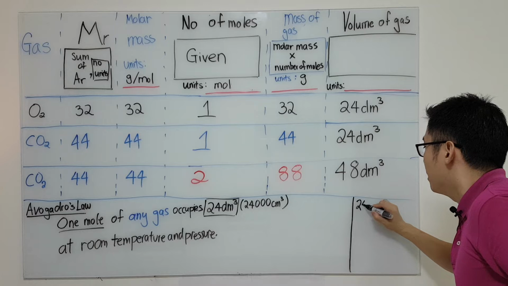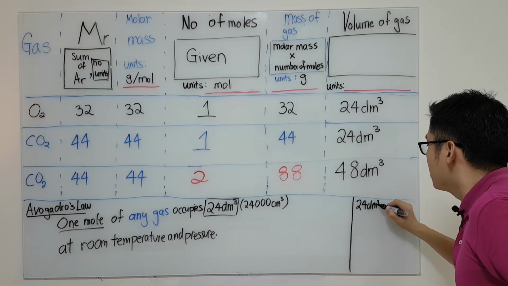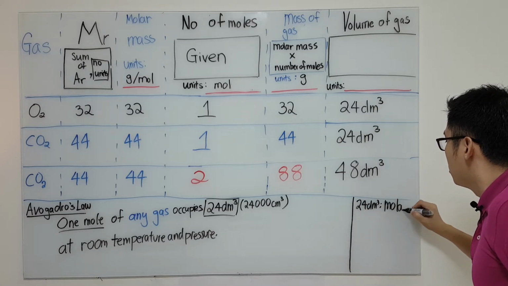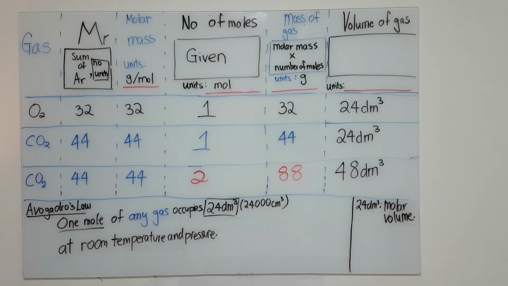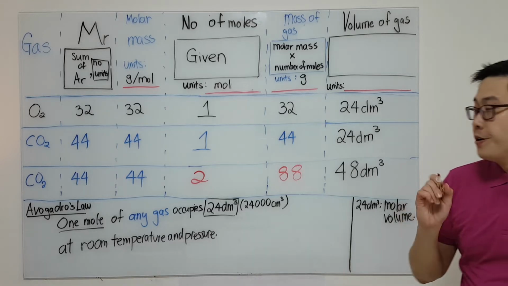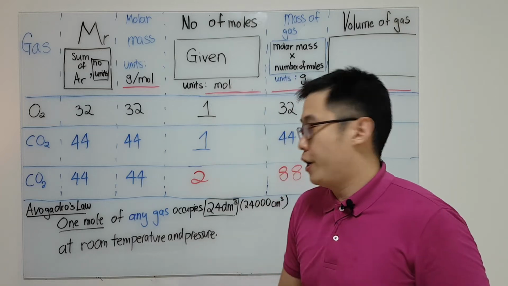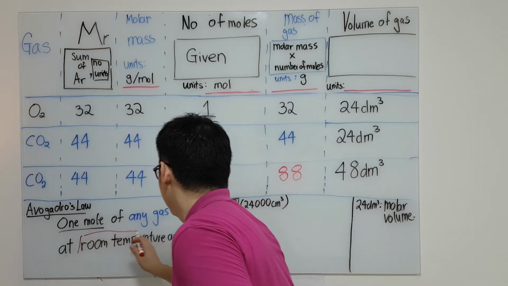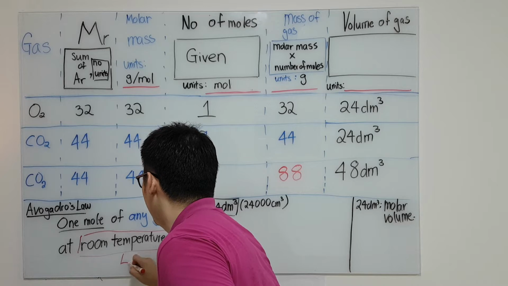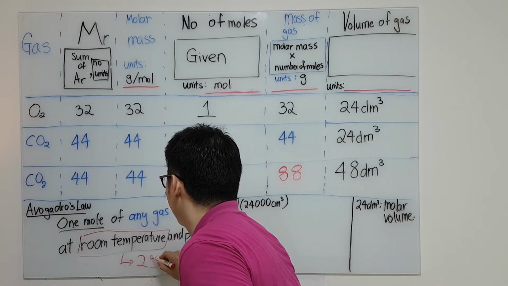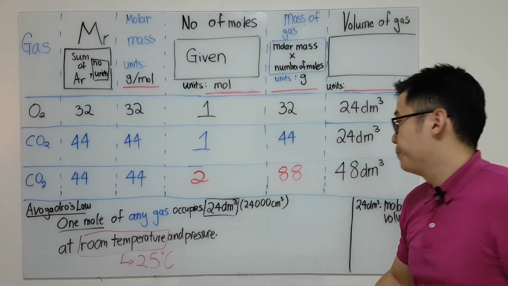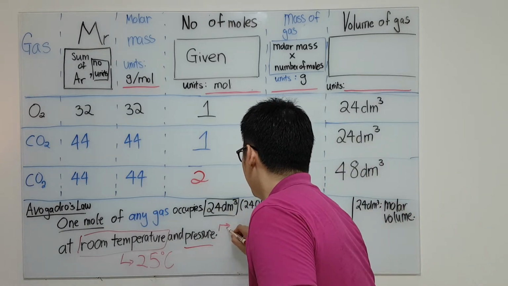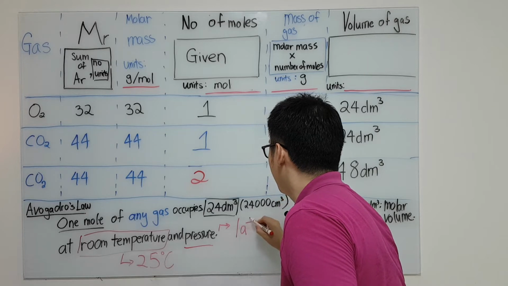And for this room temperature and pressure, the room temperature is going to be taken as 25 degrees Celsius, and the pressure is going to be 1 atm.